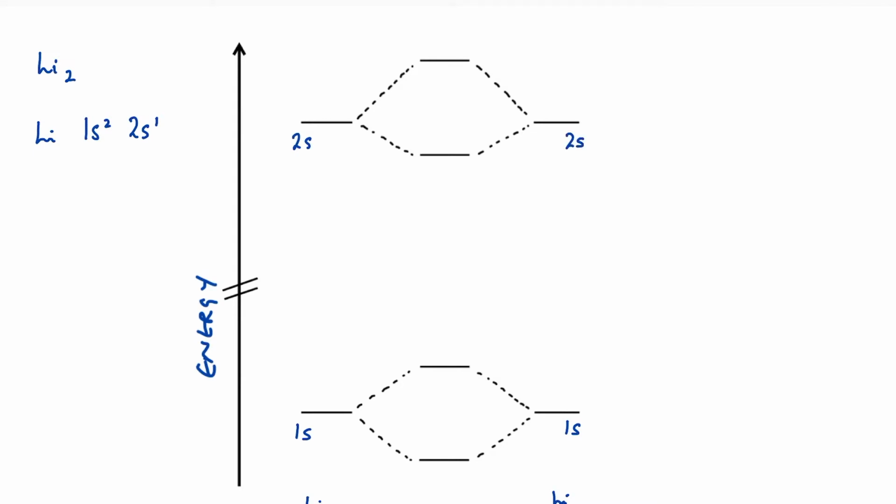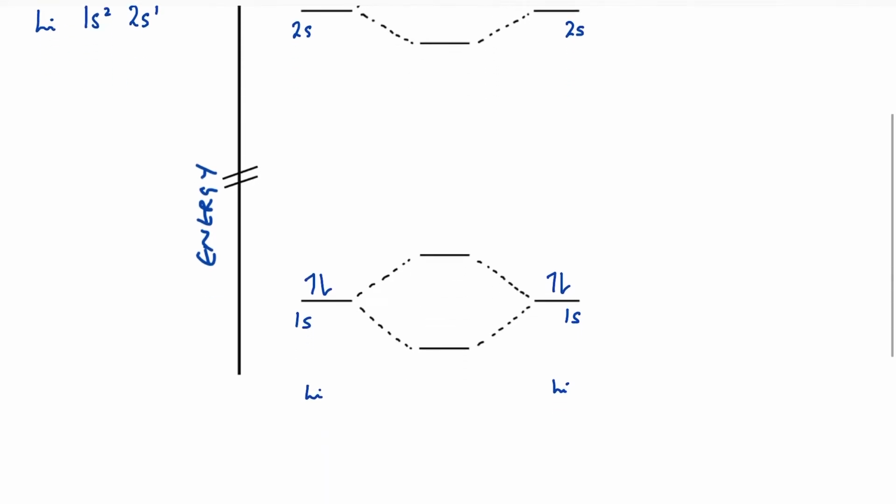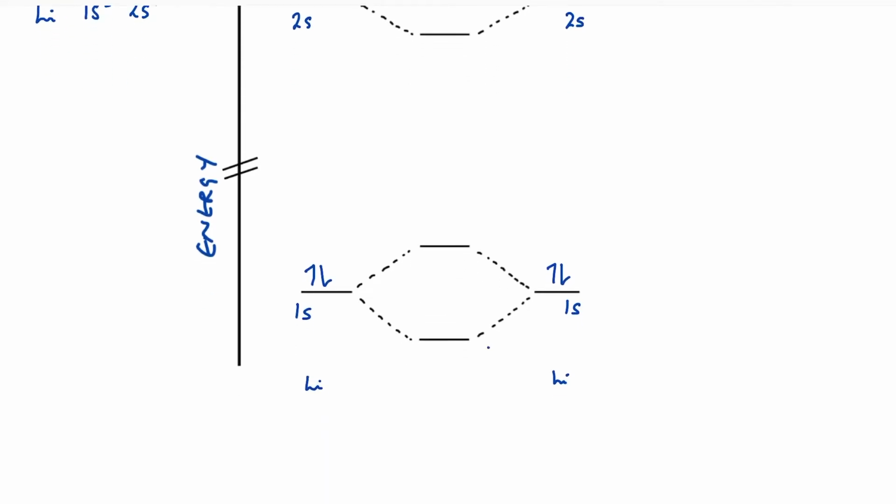I have 2 electrons for each lithium atom in the 1s, and my 1s orbitals are going to converge to form a 1 sigma bonding orbital and a 1 sigma antibonding orbital. And I've got 4 electrons, so both of these are going to be filled.